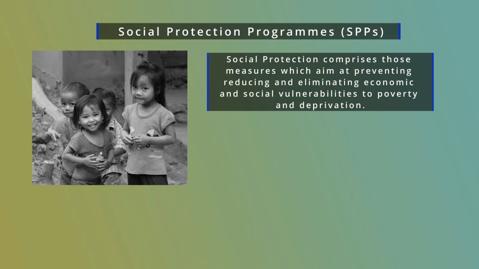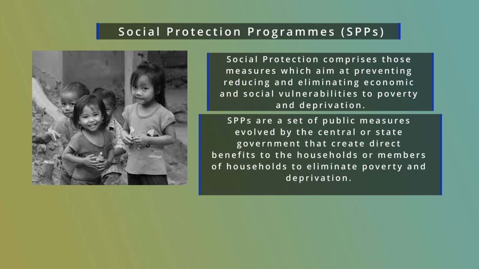The aim of this program is preventing, reducing and eliminating economic and social vulnerabilities to poverty and deprivation. Social protection programs are also related to programs introduced by the central and state governments to overcome different types of problems.